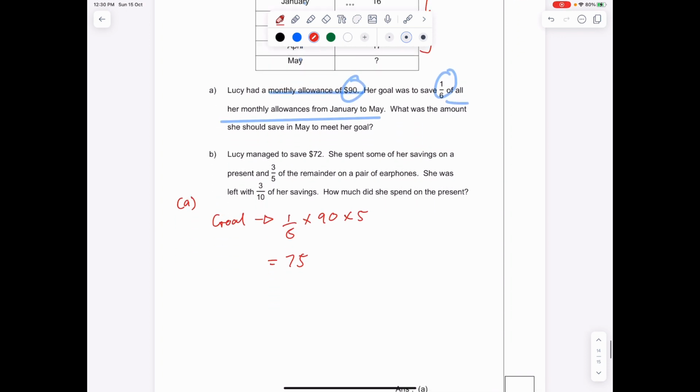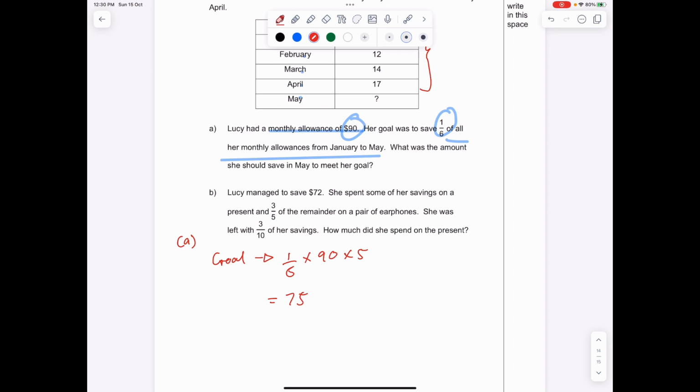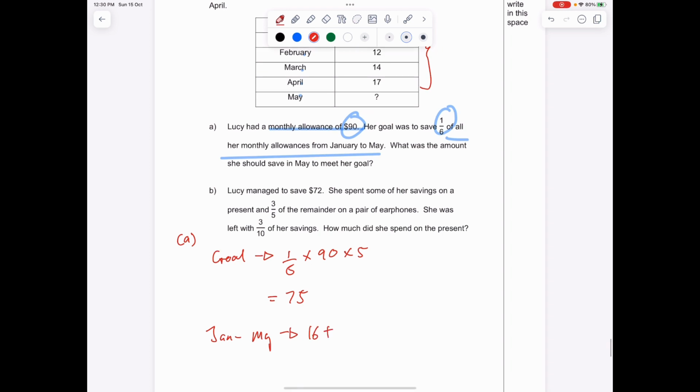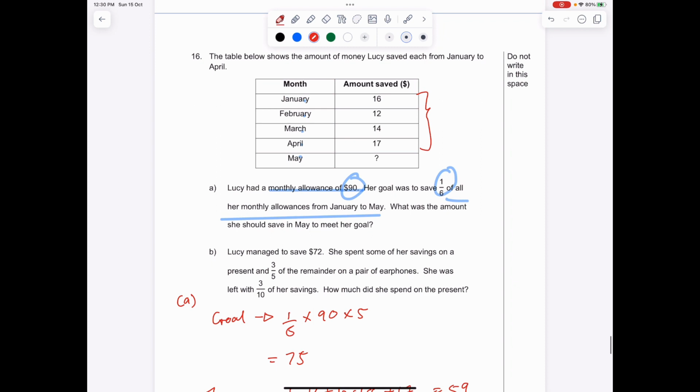Okay, so from January to May, she has saved a total of 16 plus 12 plus 14 plus 17, and your answer would be 59. So 59 is what she saved so far.